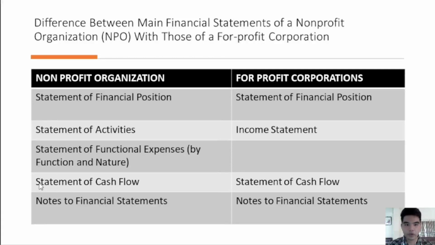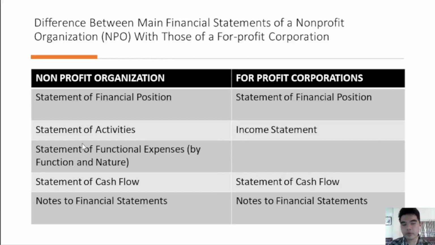So, a non-profit organization and a for-profit corporation have a statement of financial position, statement of cash flows, and notes to financial statements. So, these are somehow similar in terms of their statement of financial position, statement of cash flows, and notes to financial statement.